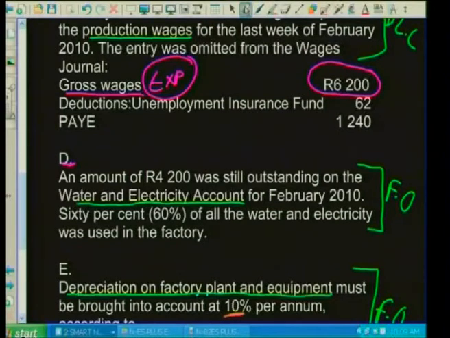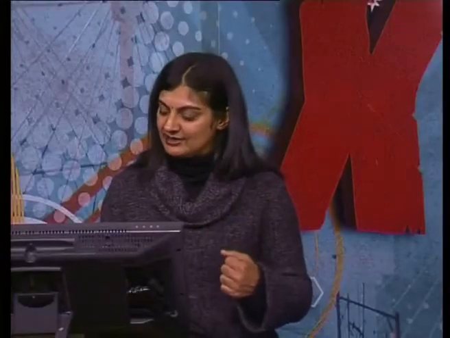Remember, guys, still outstanding. This is obviously an accrued expense. And you've learnt accrued expenses form part of the financial year and therefore need to be included. Included meaning I need to add on this 4,200 Rand to my water and electricity.